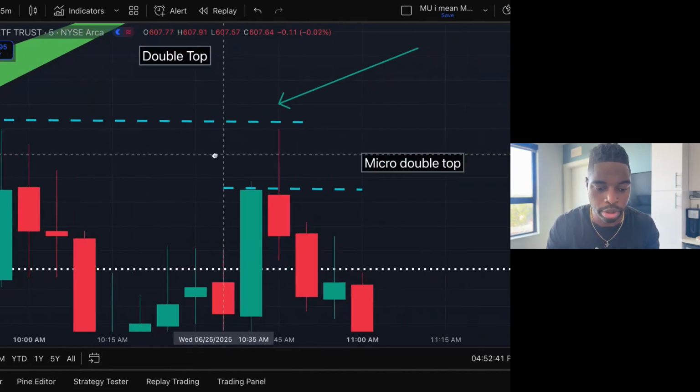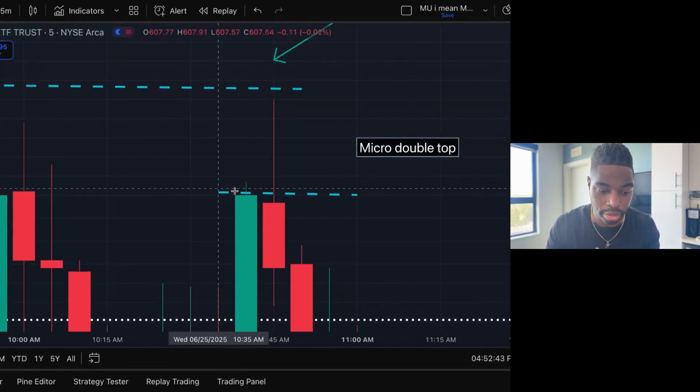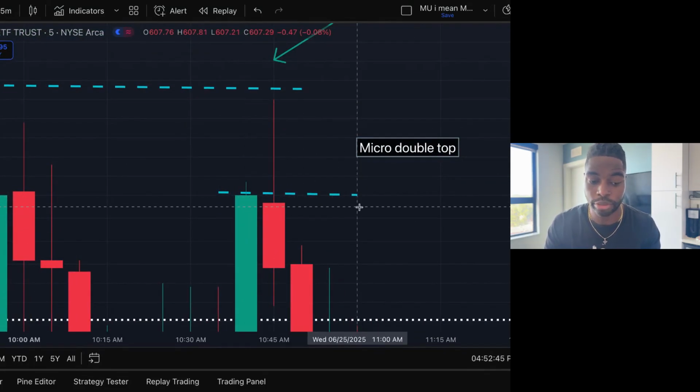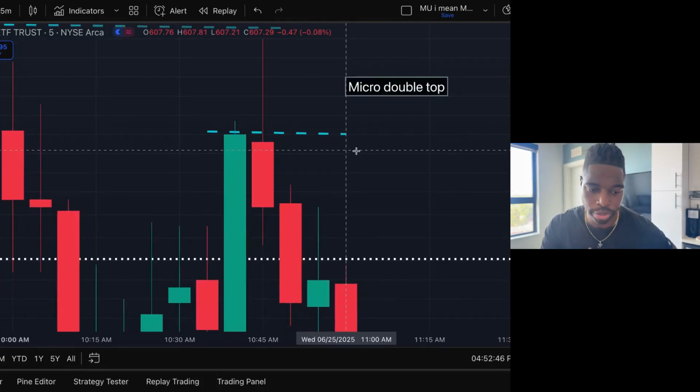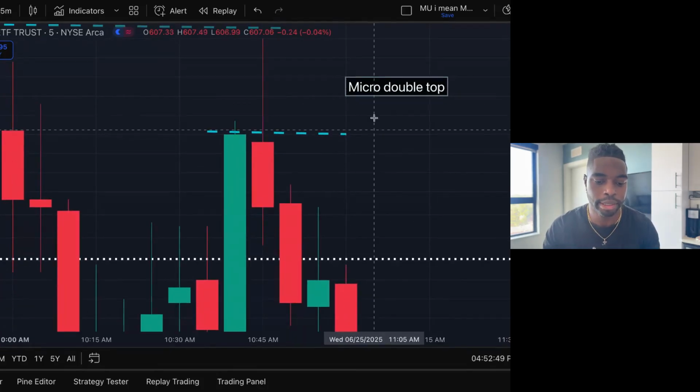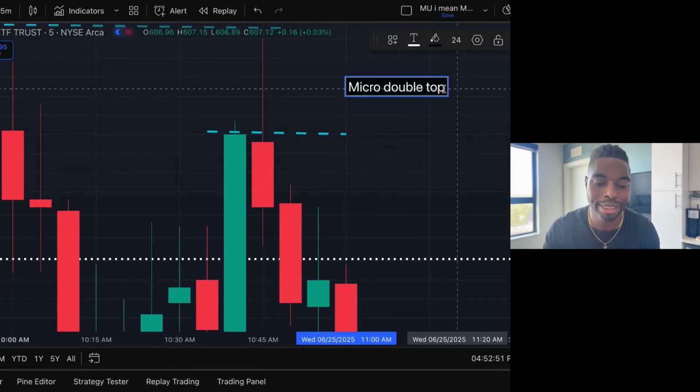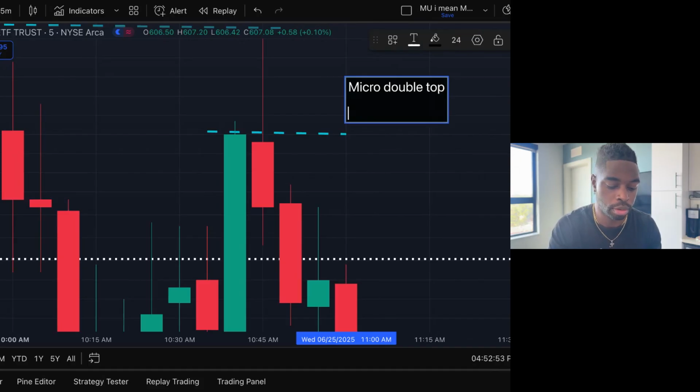But a micro double top is when we have a close and an open right next to each other. Why is that important? It's a really good sign of a reversal down.